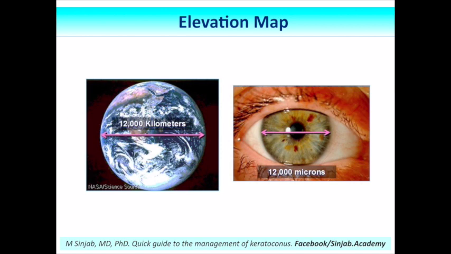But the difference between these two objects is that on Earth, we can measure elevations and depressions, mountains and valleys, according to a reference surface, which is the sea level, while on the cornea, there is no reference surface.